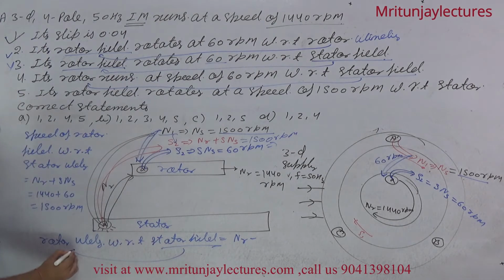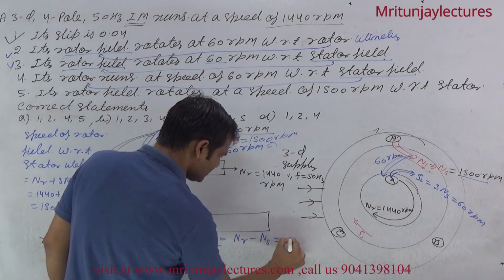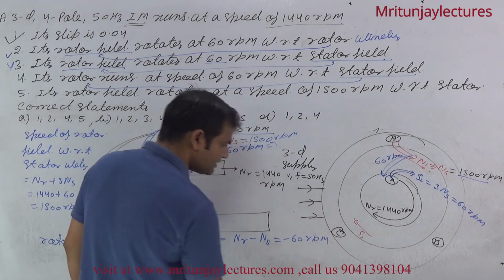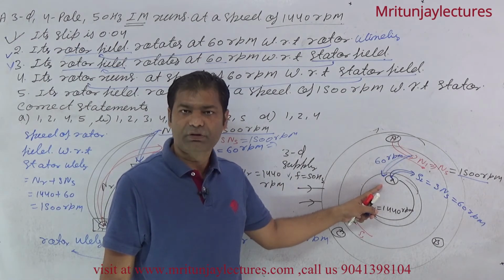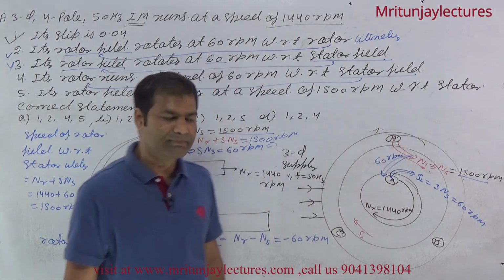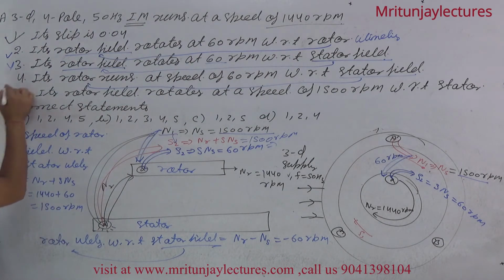Sit and look at this one. So NR minus NS is minus 60 rpm, meaning relative speed. If you sit on this one and look at the rotor winding, that is 60 rpm. Clear? Okay, so the fourth one is correct.